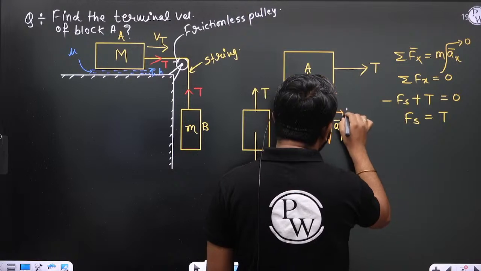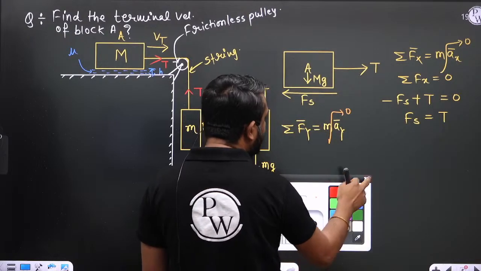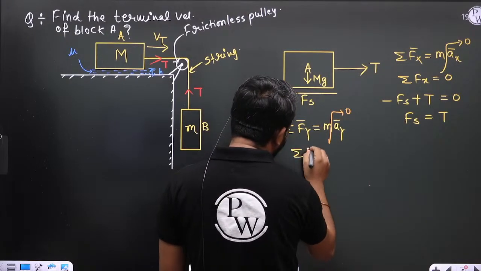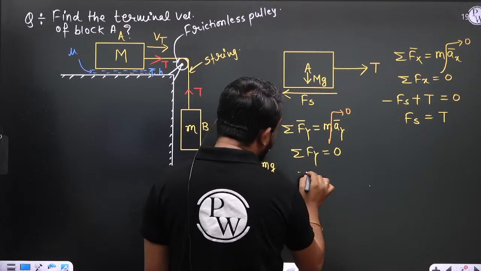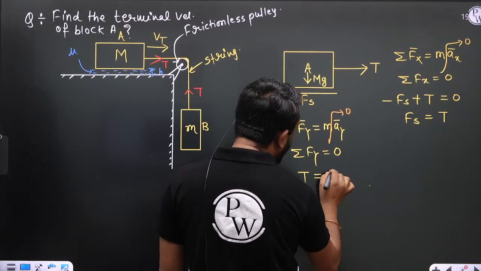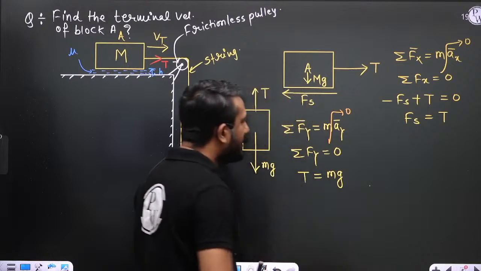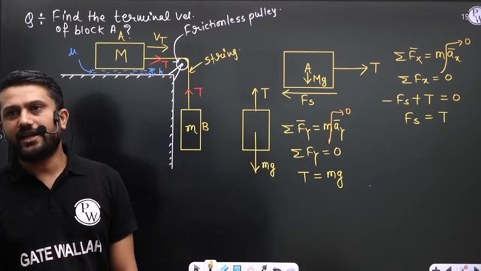So summation Fy is equal to 0, and simply we can write T is equal to m multiplied by g.